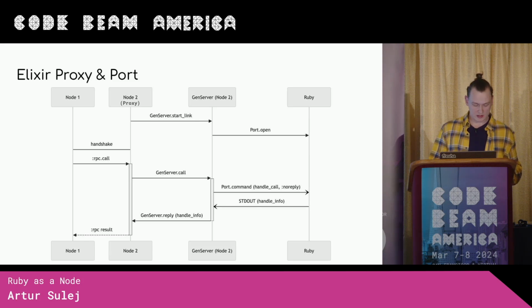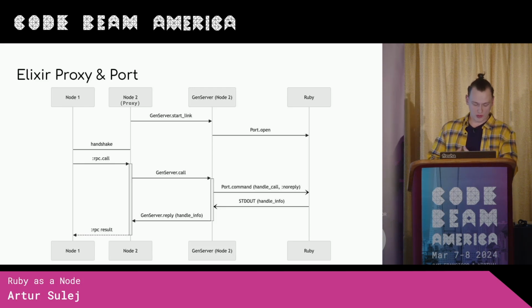So in practice, it means that RPC call is hanging and waiting for the execution to finish, and only then it returns the value, while Port.command doesn't return the result. So GenServer, as I said, will receive it in handle_info.